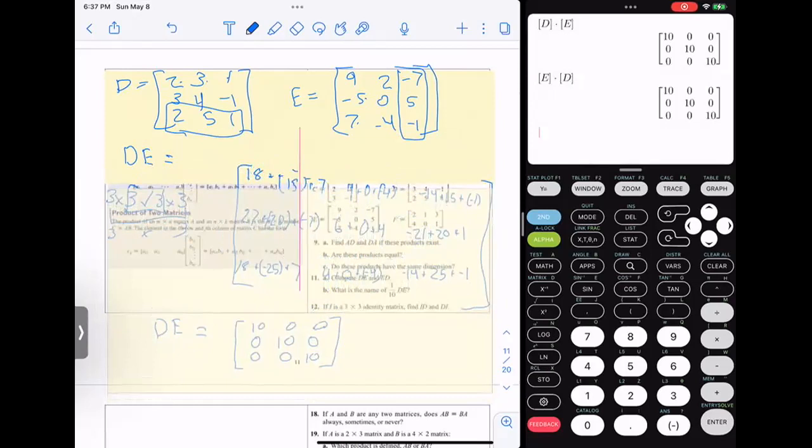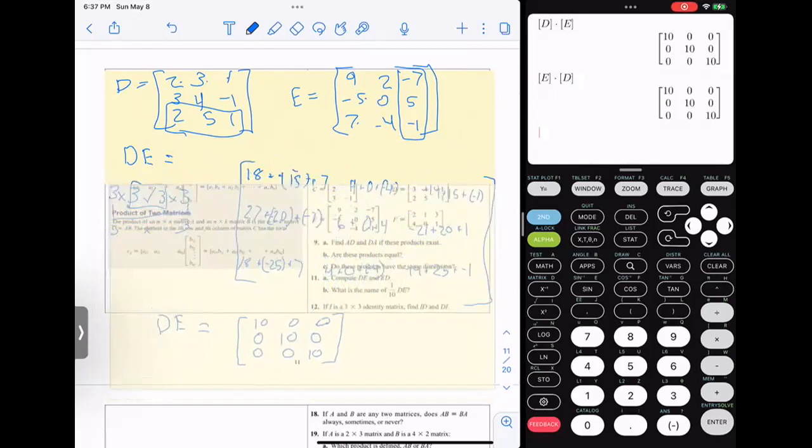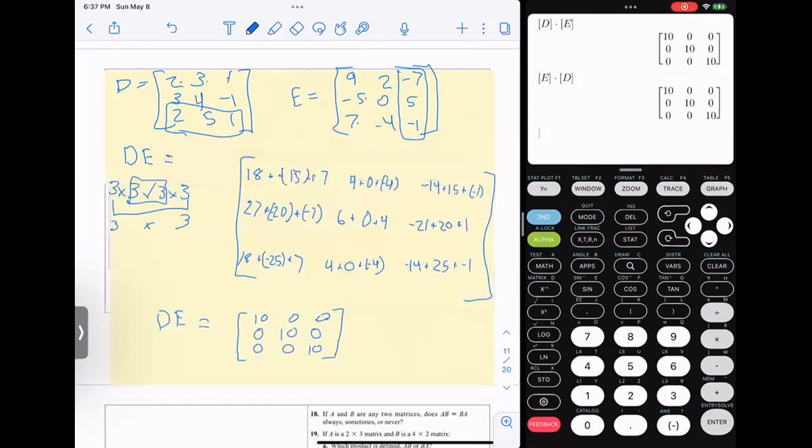So part B asks, what is the name of 1/10 DE? If we did 1/10 times DE, that means we're multiplying each of these values by 1/10. We're going to get 10 divided by 1 is 1.